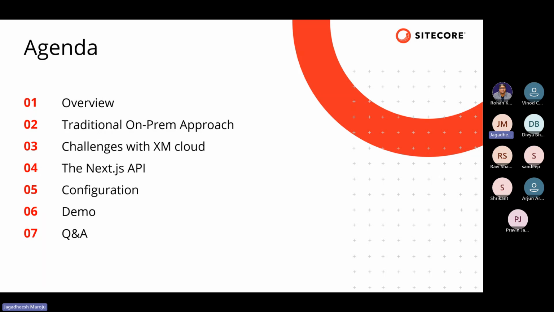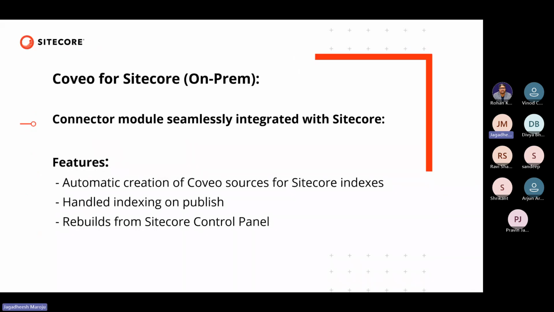Okay, so to start with, let's talk about the world before XM Cloud. If you ever worked on-prem with Sitecore, integrating Coveo was basically plug and play, right? We had the Coveo for Sitecore connector module that did most of the heavy lifting for us.